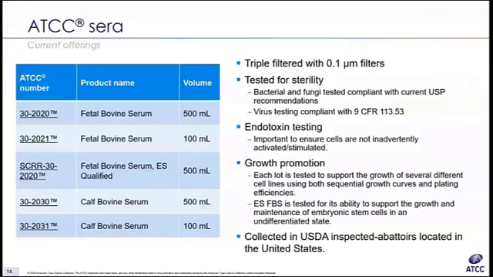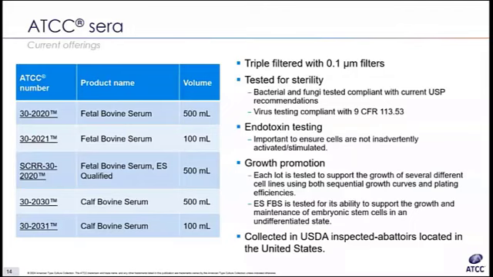In addition to this testing, it is also recommended to use serum that is tested for bacteria and fungi in compliance with USP recommendations. Endotoxin testing is also critical. High levels of endotoxin may activate immune responses in your cell culture and lead to undesirable effects. ATCC serum is tested for all of these, as well as triple filtered with 0.1 micron filters.